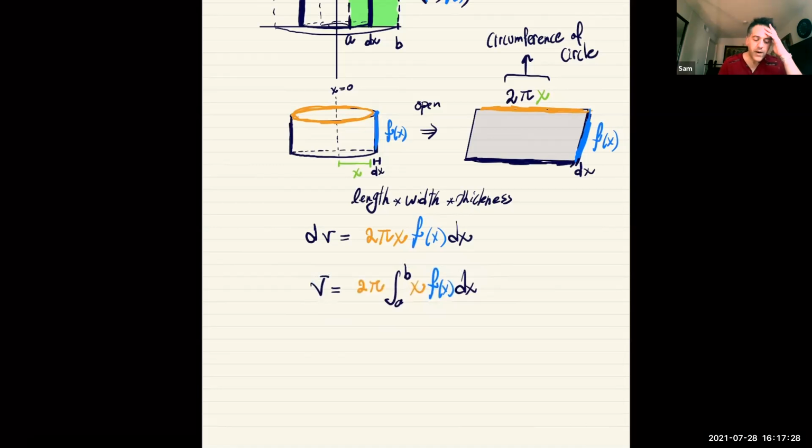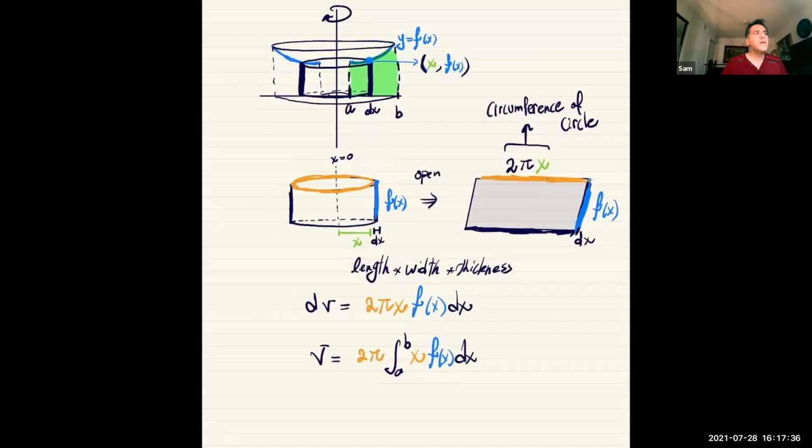So again, 2 pi times the distance, the horizontal distance, vertical distance, pretty much. Okay, let's do 15 minutes.